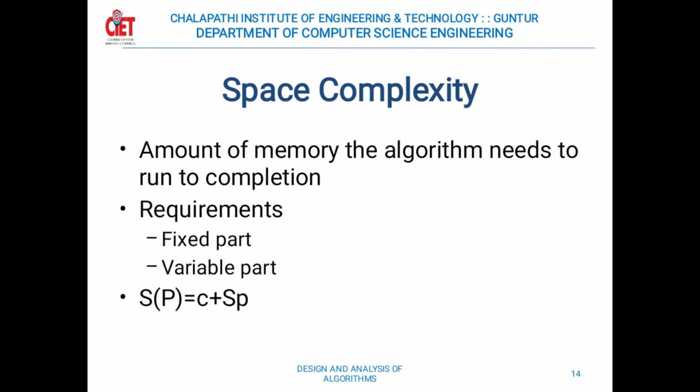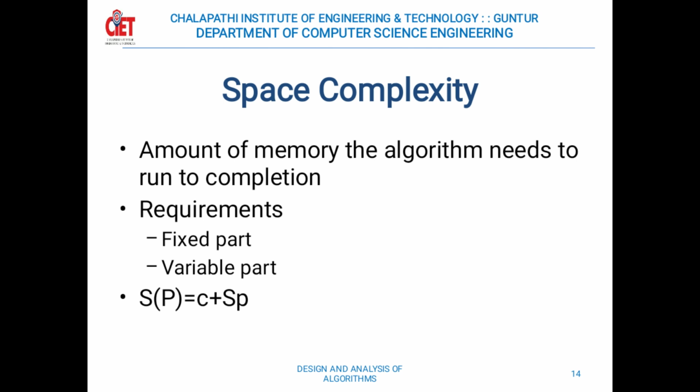So space complexity: the amount of memory an algorithm needs to run to completion is called the space complexity of the algorithm. The space complexity of an algorithm consists of two partitions, fixed part and variable part. Fixed part means the space required to store the fixed part of an algorithm.